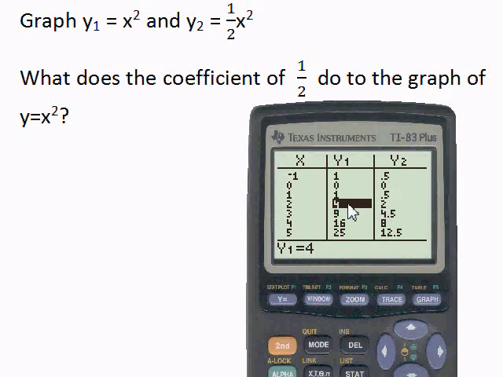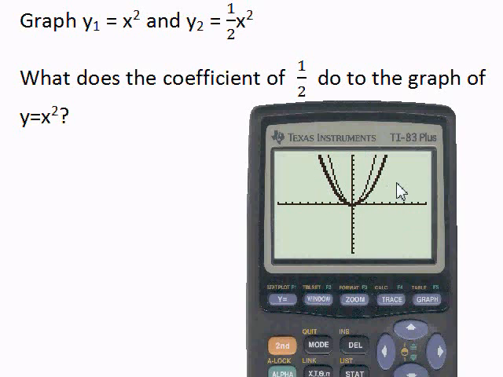If y1 is 4, y2 is 2, half as much again. So we're taking our y1 values and making them half as tall. So when we graph that, we compress or shrink our y values by 1/2, which makes it look like it's been compressed or squished a little bit towards the x-axis.